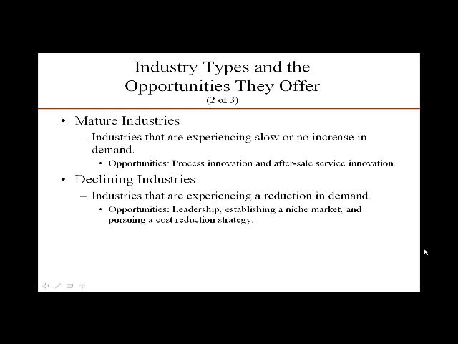There are also mature industries. Mature industries have either slow growth or no growth in demand. It's a replacement kind of industry. I would put forth that I believe the computer industry, which is what I'm familiar with from the past, is a mature industry now. We're not seeing a whole lot of new people buy computers.